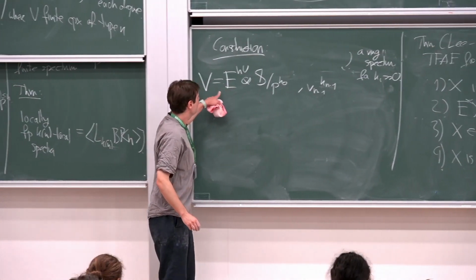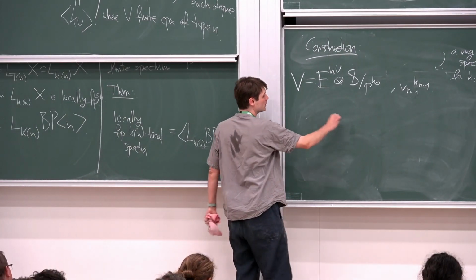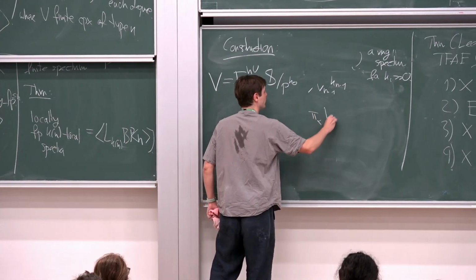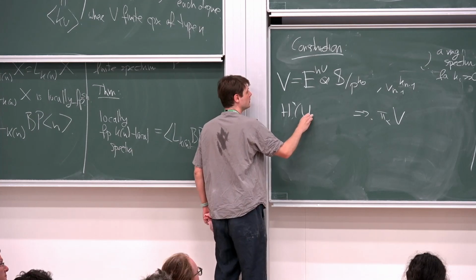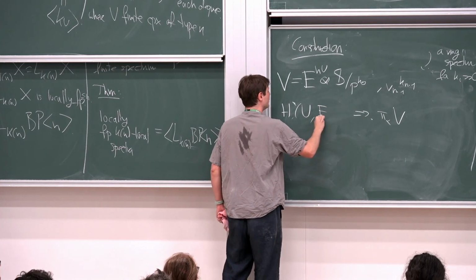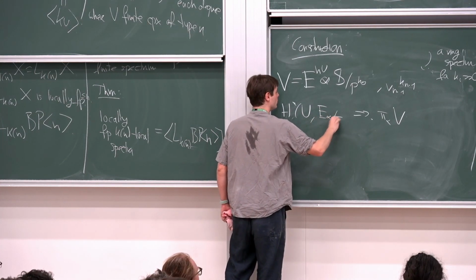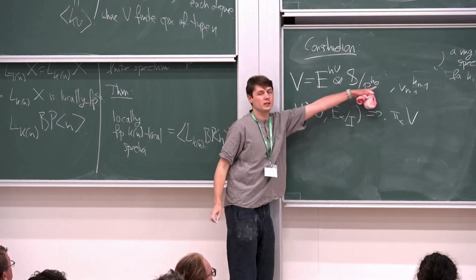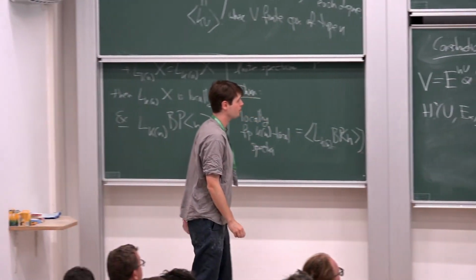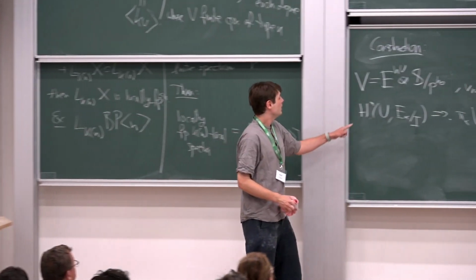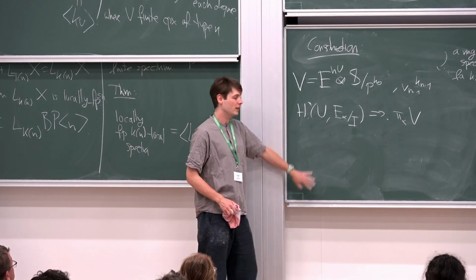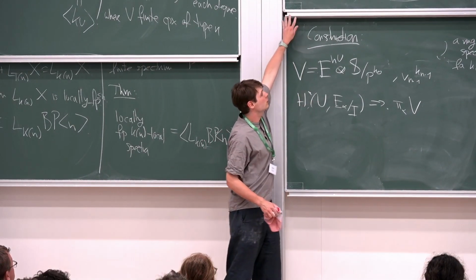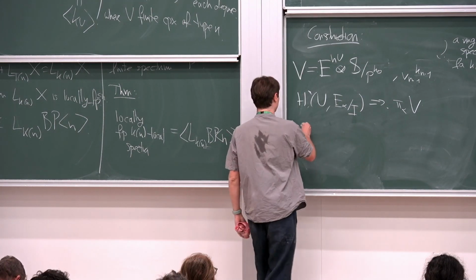And this has the effect that the Adams-Novikov spectral sequence calculating the homotopy groups of V has E2 page given by the cohomology of U with coefficients in E star modulo the ideal I generated by those generators here. And if U is small enough, this is actually bounded above, as in it's a group of finite cohomological dimension.